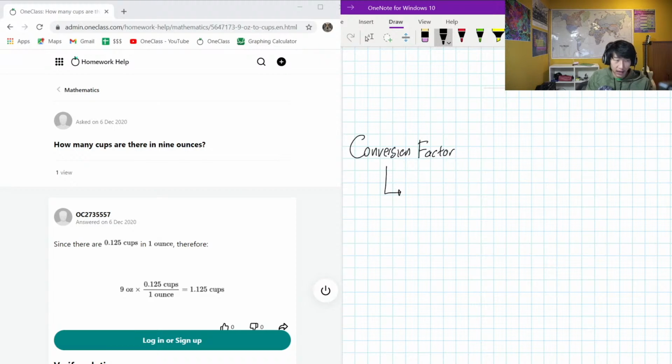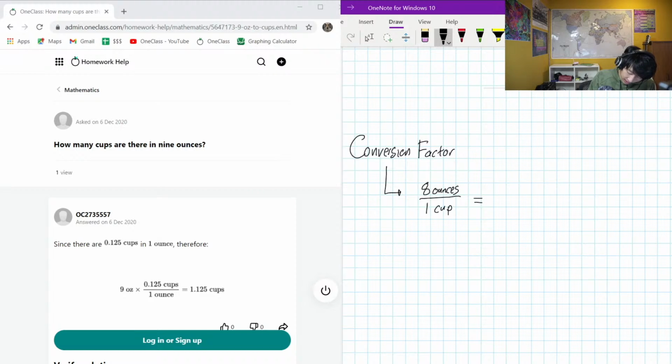The conversion factor between cups and ounces, and I'm going to assume that these are both volumetric. There are 8 ounces in 1 cup, which is equivalent.